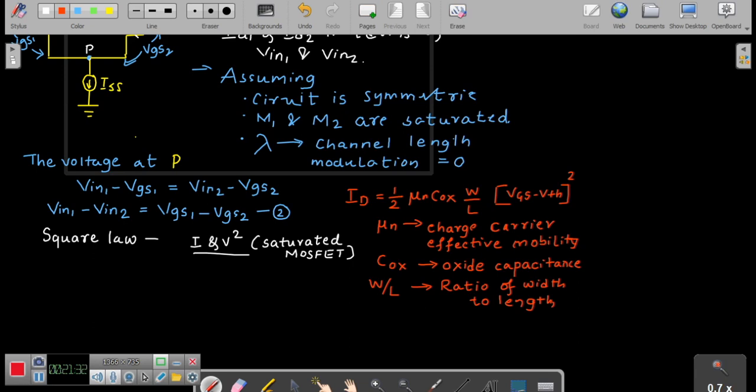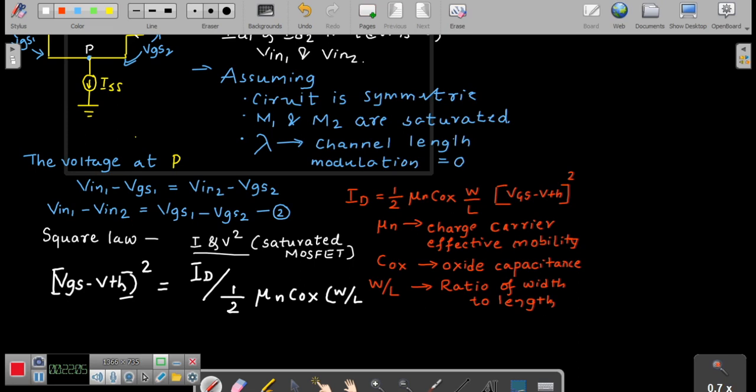Now from this square law, I can write VGS minus VTH whole square is equal to ID divided by half mu n CoX into W by L. I just modified this equation.